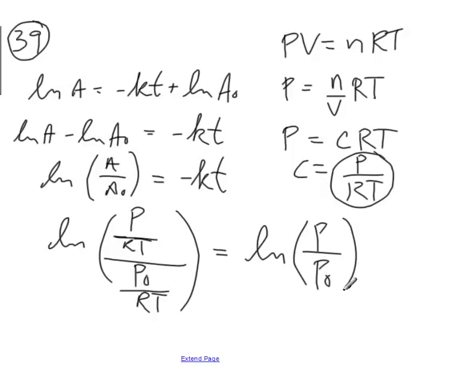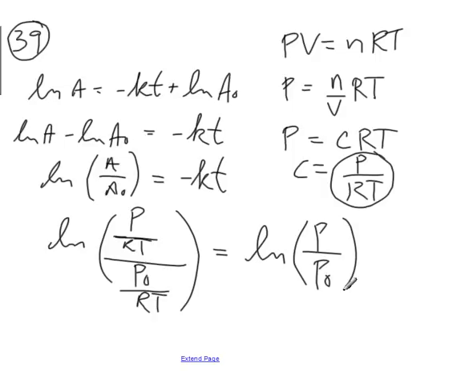Grade 11 chemistry, gases unit, you can have atmospheres, kilopascals, millimeters mercury. What happens to their units in this fraction? They cancel out. So the units for pressure don't matter either, as long as they are the same, top and bottom. Okay?